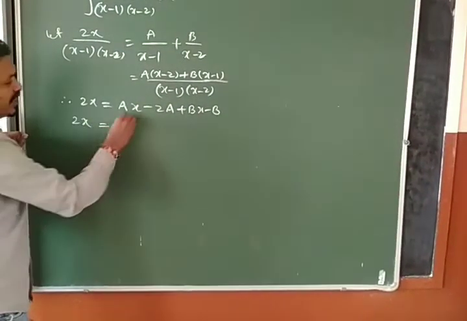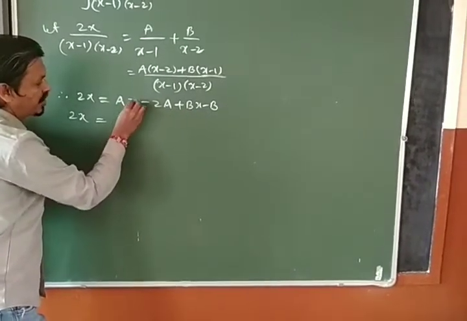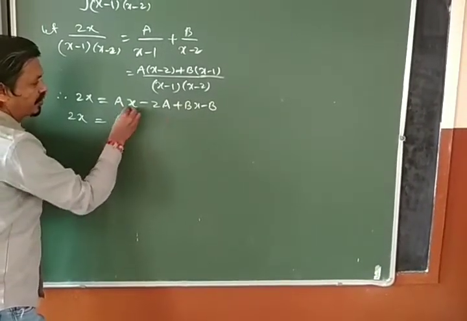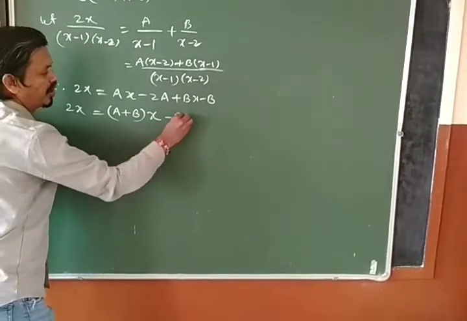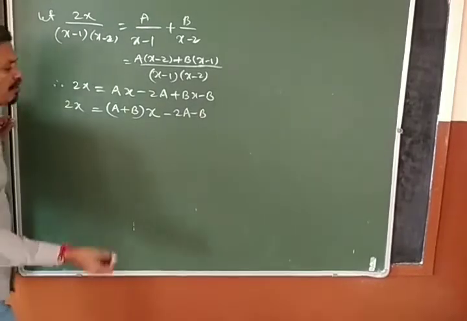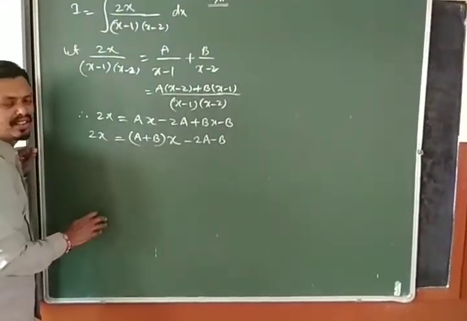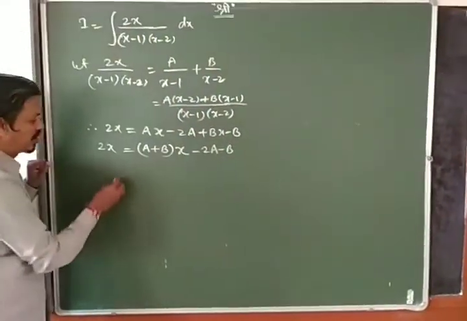Now we rearrange these terms, so all the terms which contain x together. From this, x taken common, and here minus 2A minus B. Now we will compare both sides, comparing the coefficients of x and the constant term.